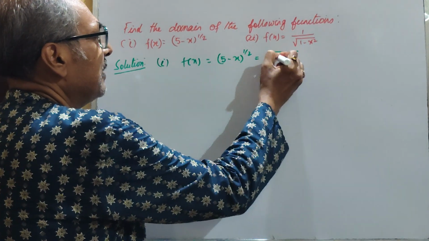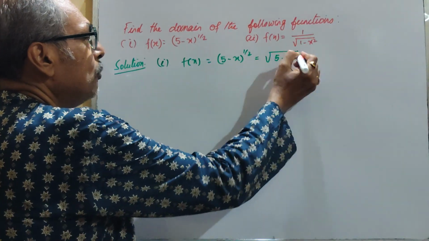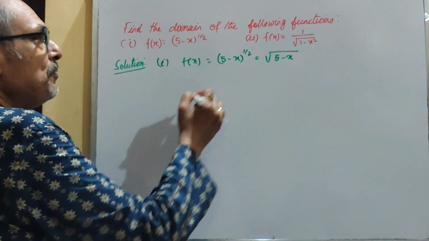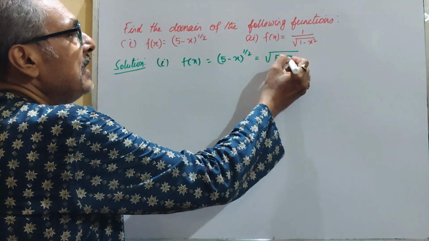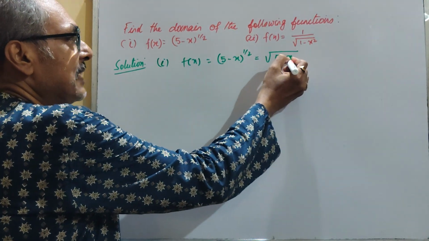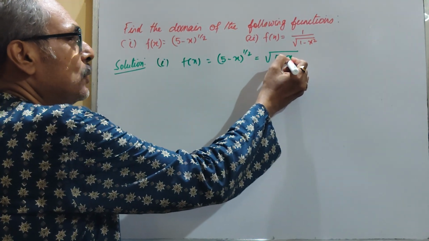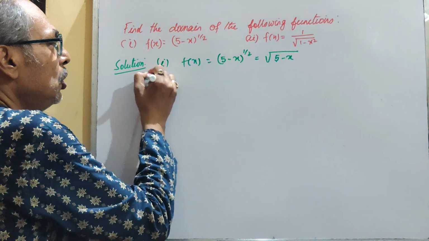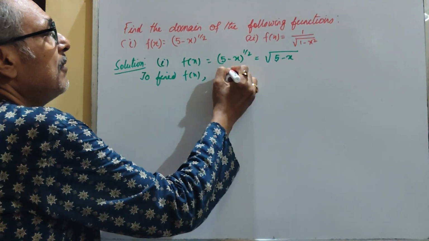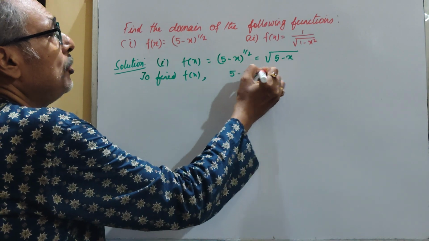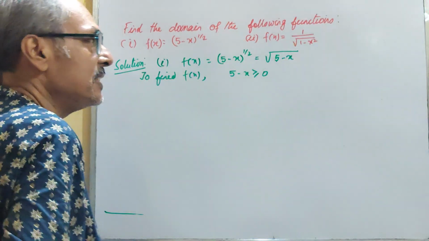We can write it like this: under root of 5 minus x. Now for f of x to be defined, 5 minus x should be greater than or equal to 0. Why?